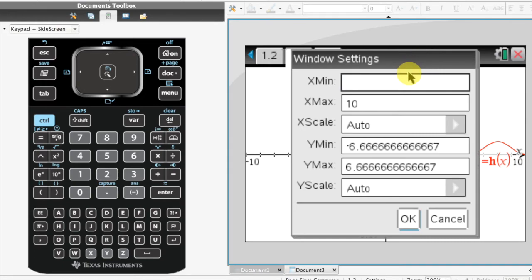I'm going to have x varying between negative 2 hours and 14 hours. I'll completely show everything. My y values, the wave goes from 0 to 1, so I'm going to go negative 0.5 and I'll go to a height of 1.5.